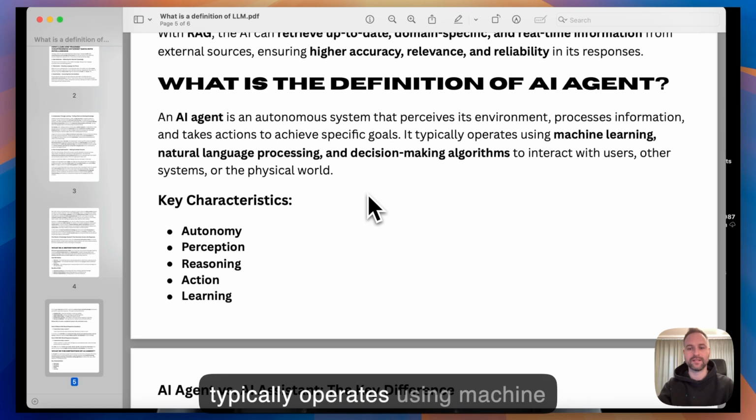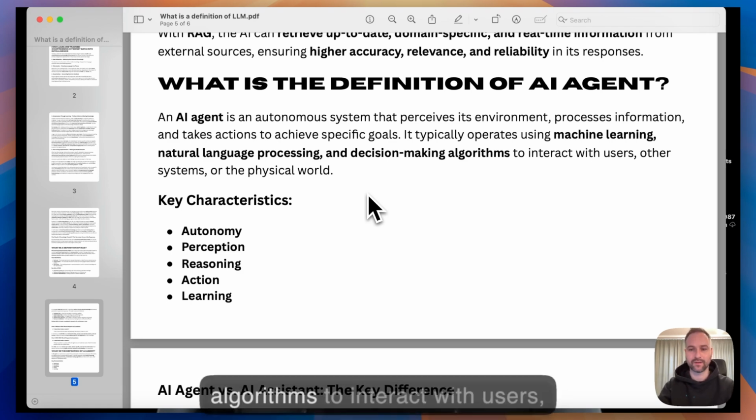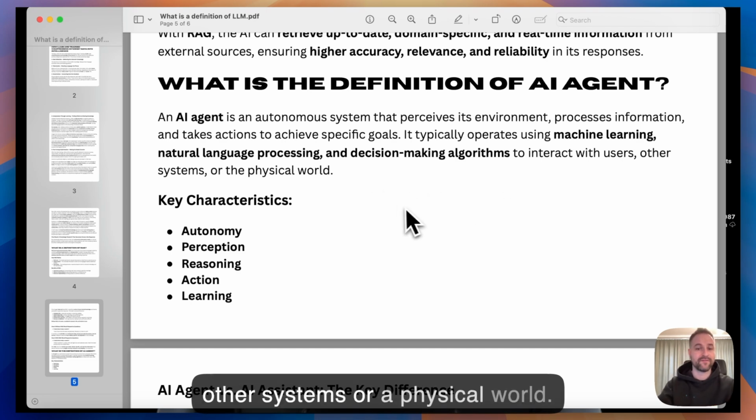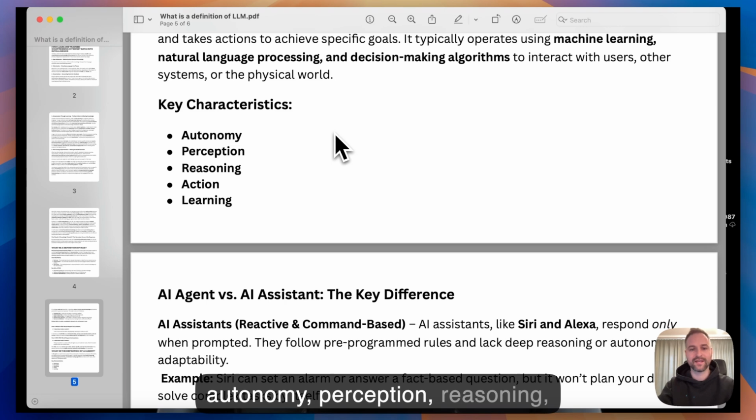It typically operates using machine learning, natural language processing, and decision-making algorithms to interact with users, other systems, or the physical world, right? The key characteristics would be autonomy, perception, reasoning, action, and learning.